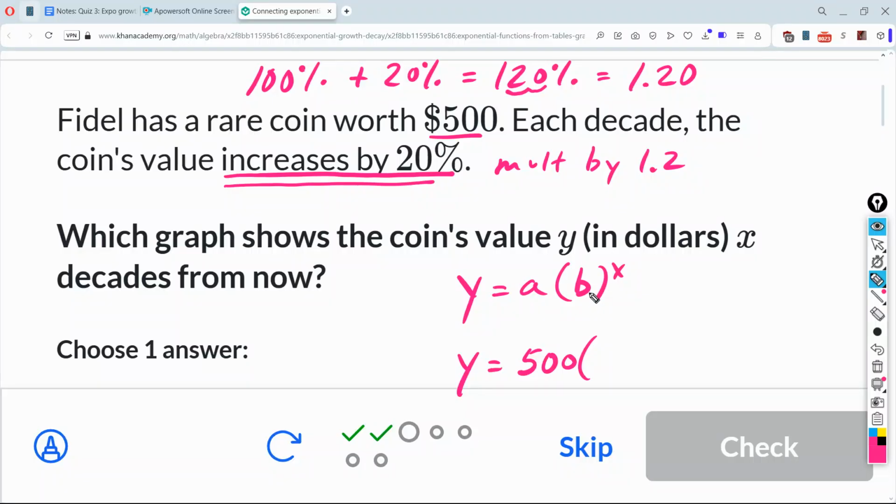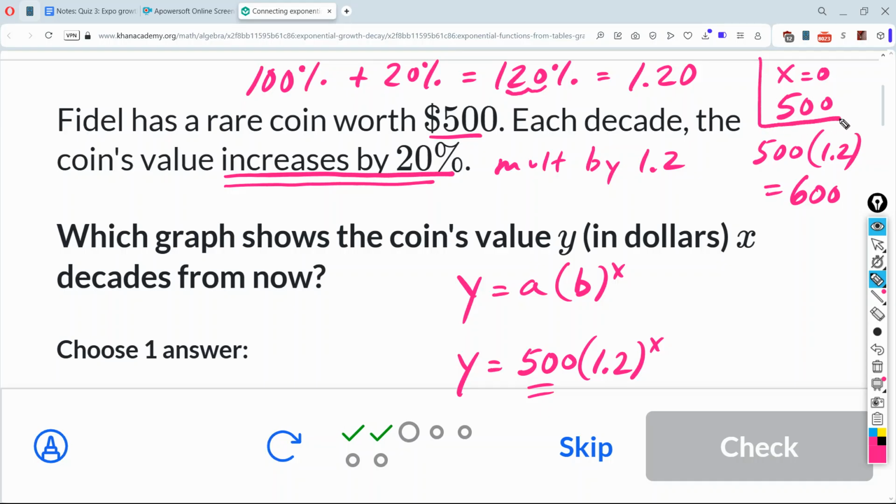So the value for b is going to be 1.2. So what does that mean? Well, if the initial value is 500, the next one is going to be 500 times 1.2, and that basically equals 600.